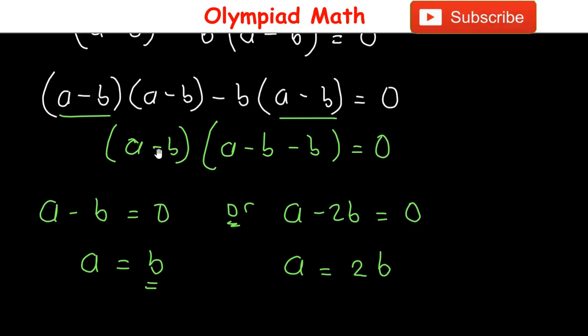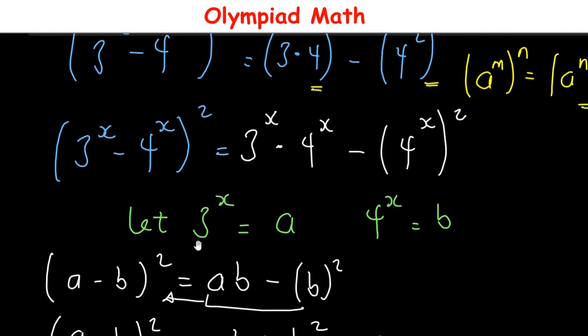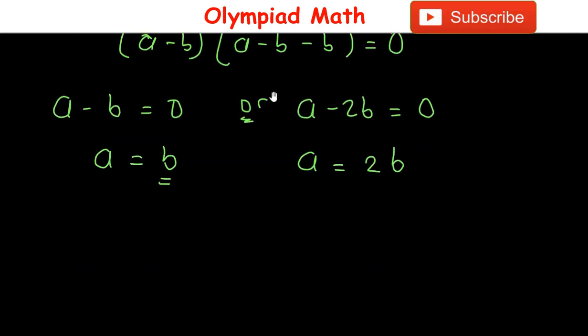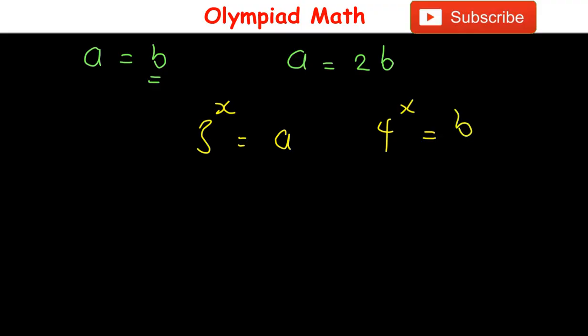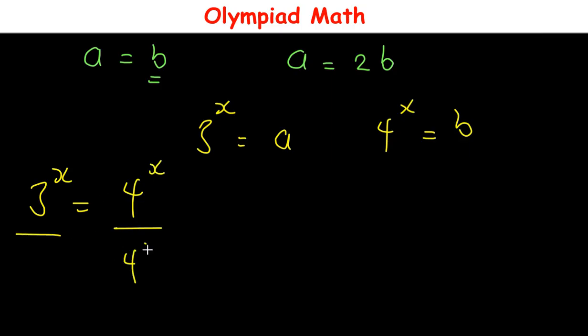But then recall that we said let 3 raised to power x equal a and 4 raised to power x equal b. So for a equals b, we have 3 raised to power x is equal to 4 raised to power x. Next, divide this equation by 4 raised to power x.